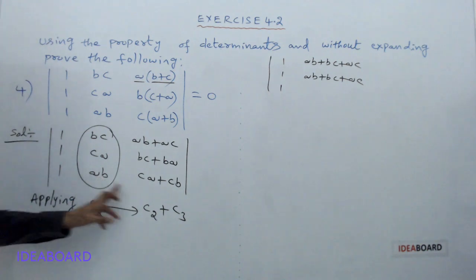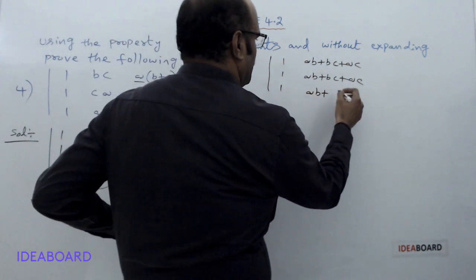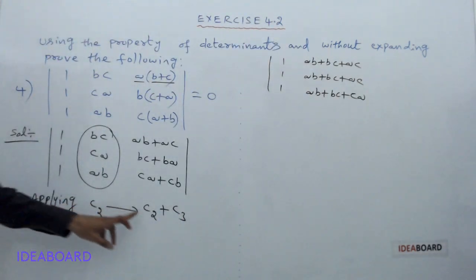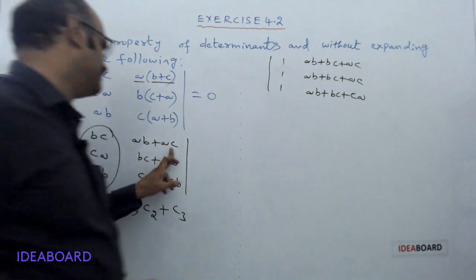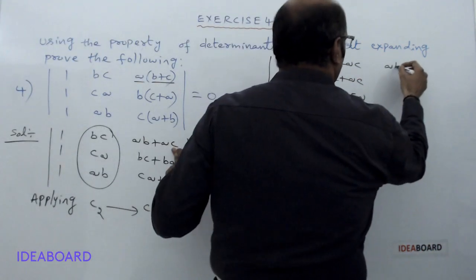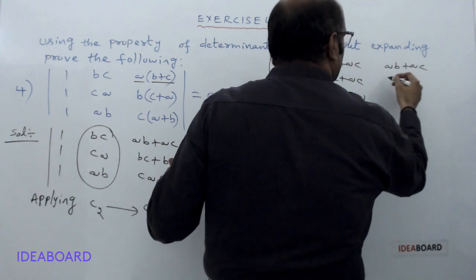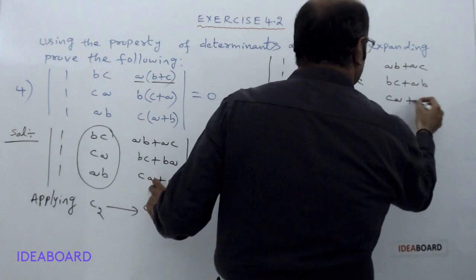Next, AB plus BC plus AC, and AB plus BC plus CA. There is no change in C3. C3 is the same: AB plus AC, BC plus AB, CA plus BC.